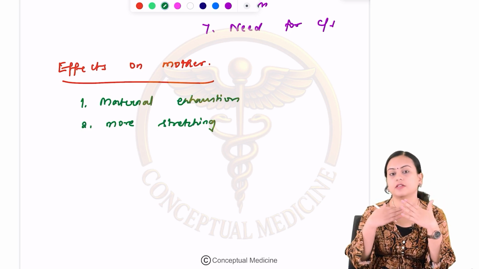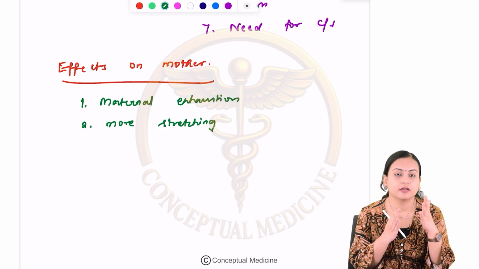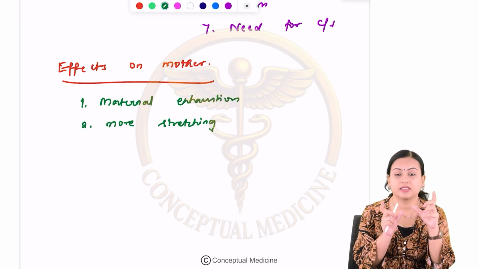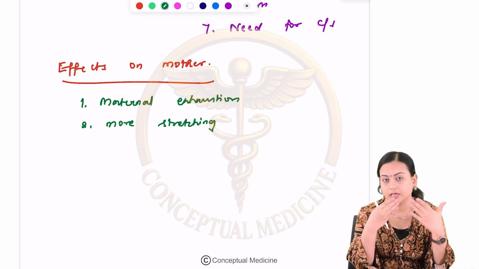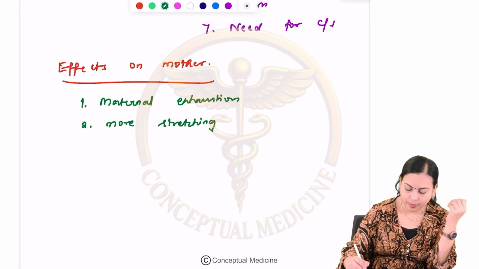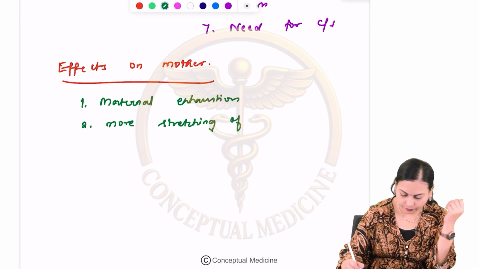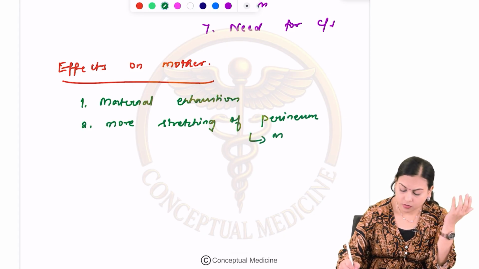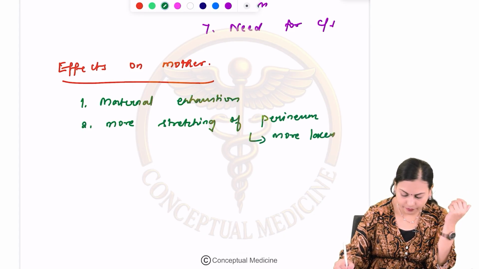Other than that, whichever malpresentation you take, the engaging diameter will be larger when compared to the maternal pelvis. So, there will be more stretching of the perineum, and this can result in more lacerations as well.